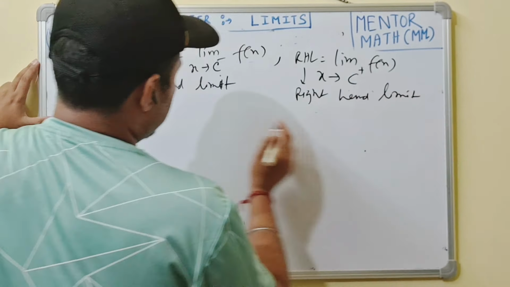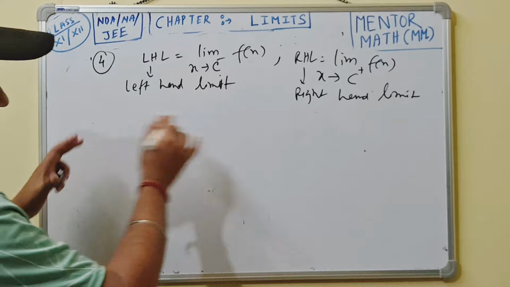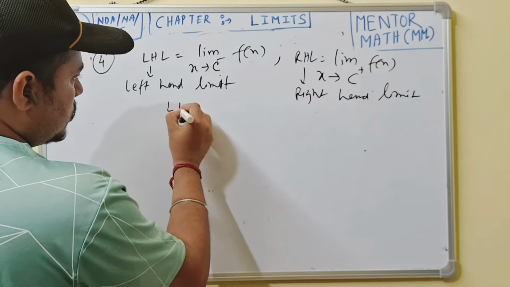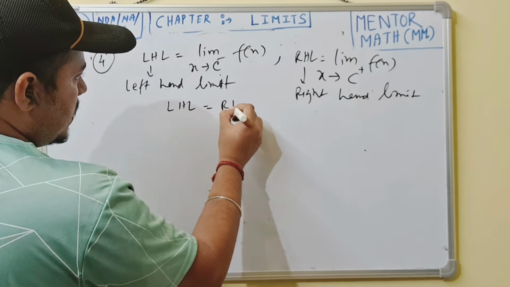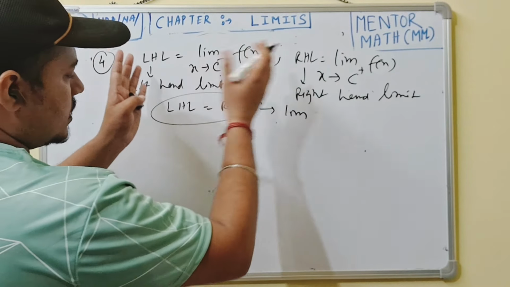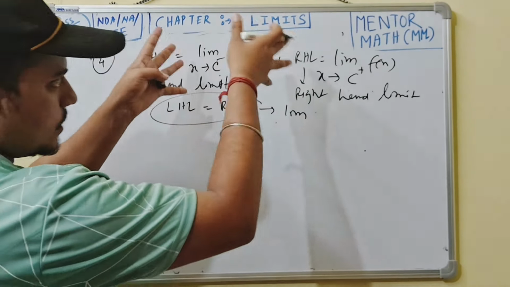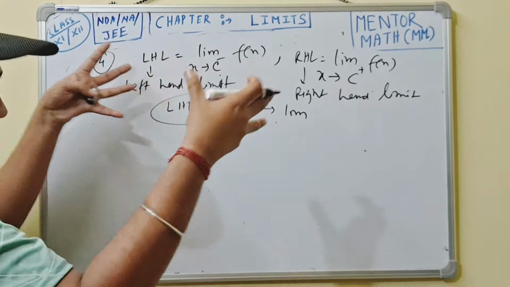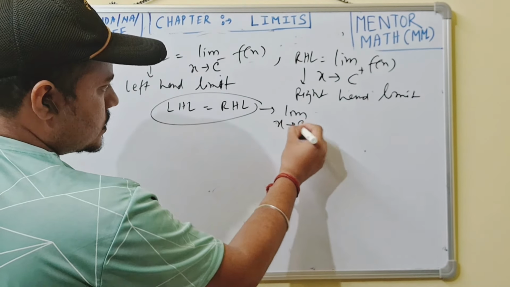If both are equal, that suggests the limit, that is limit x tends to c f(x), exists.